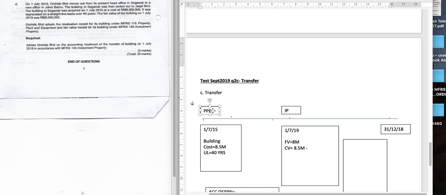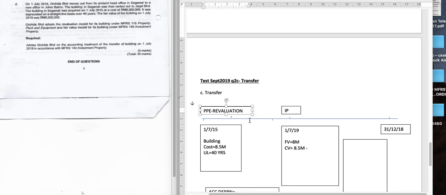So this is revaluation model. Okay, and then fair value model for its IP. Fair value model.